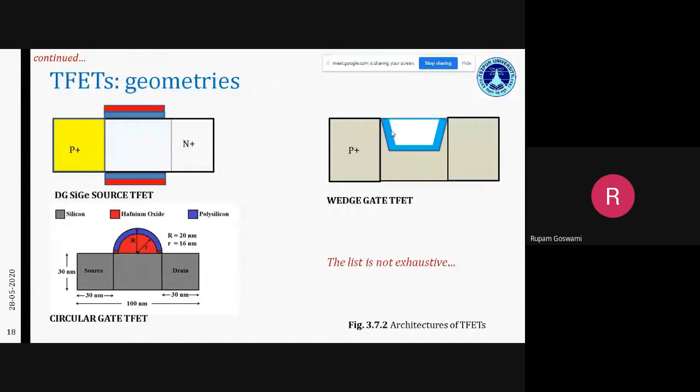And finally, at the bottom, you can see the circular gate TFET. This was one of the architectures which I proposed, and it is based on some of the US patents which have been developed. We had proposed a fabrication flow for this one also in one of the articles.